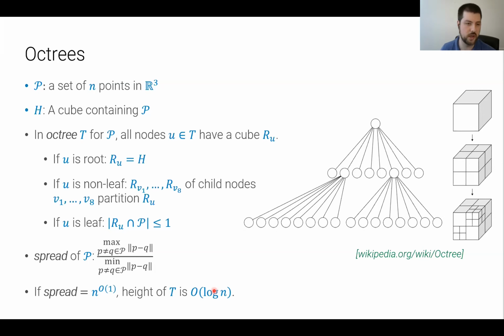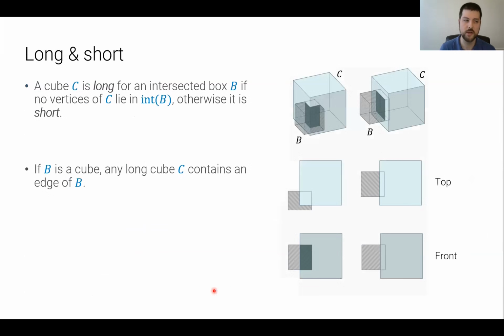Okay, so we'll talk about how this octree is being used to guide our partition in a moment, but we still have a couple concepts to introduce. We have this notion of long and short cubes. So we'll call a cube C long if none of its vertices lie in the interior of some box B that it intersects.